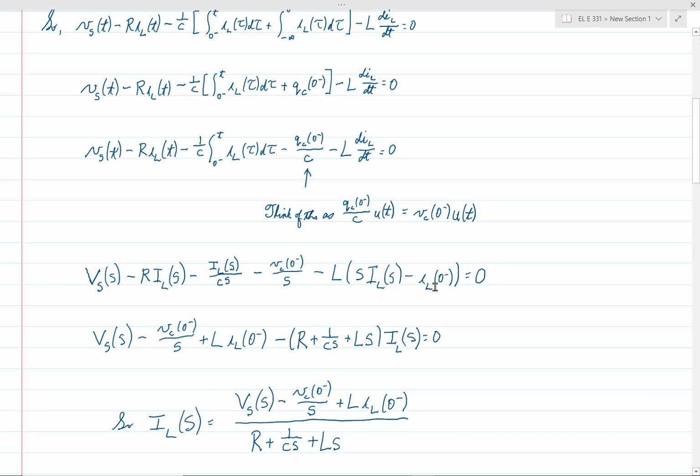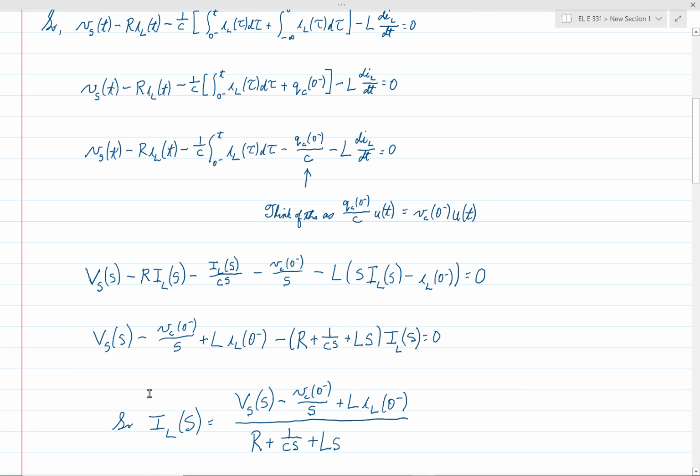So in this equation, we have two initial conditions. We have Vc of 0 minus, which is the voltage across the plates of the capacitor just before 0. And we also have IL of 0 minus, which is the current flowing through the inductor just before t equals 0.